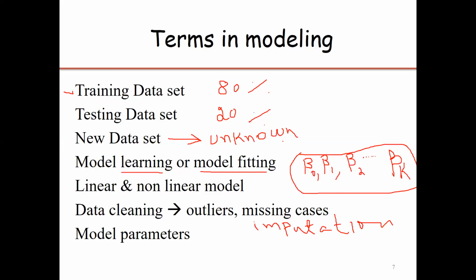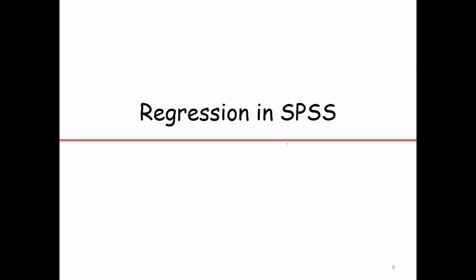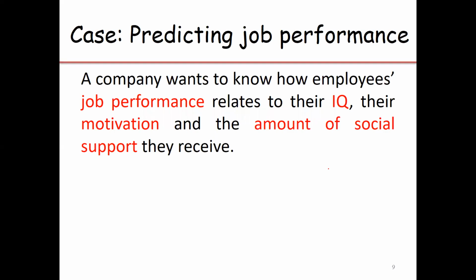This is the general discussion about the statistical model. Now we have a complete case, implemented in SPSS, where the model is to be learned with the help of a data set. The data set I am using here is for predicting job performance. The performance of the employee is our dependent variable.